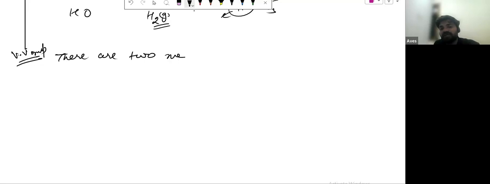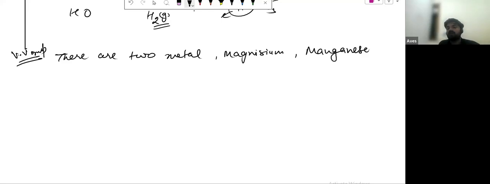One is magnesium, and another one is manganese, which on reaction with nitric acid can produce hydrogen gas.